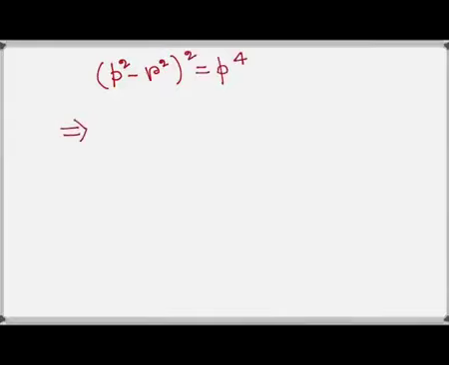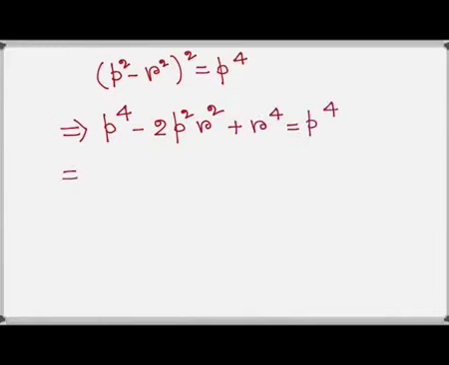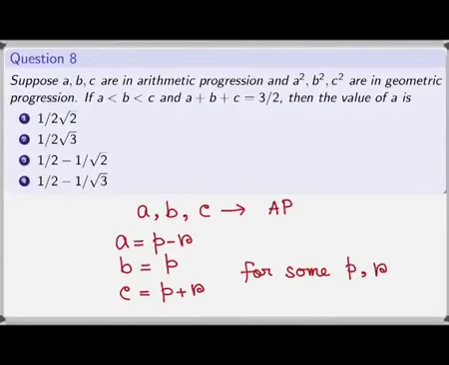Hence P to the power 4 minus 2P square R square plus R to the power 4 is equal to P to the power 4. That means R square into R square minus 2P square is equal to 0. Note that A, B and C are distinct numbers.